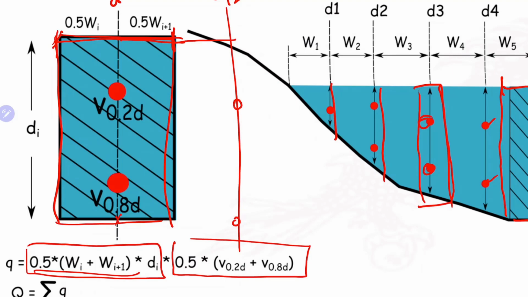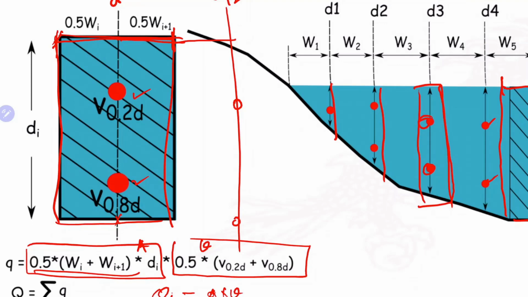The velocity is the average of 0.2d and 0.8d. So q, let me put it as qi, is equal to area times velocity. This step is followed for all the sections except for the last two end strips.